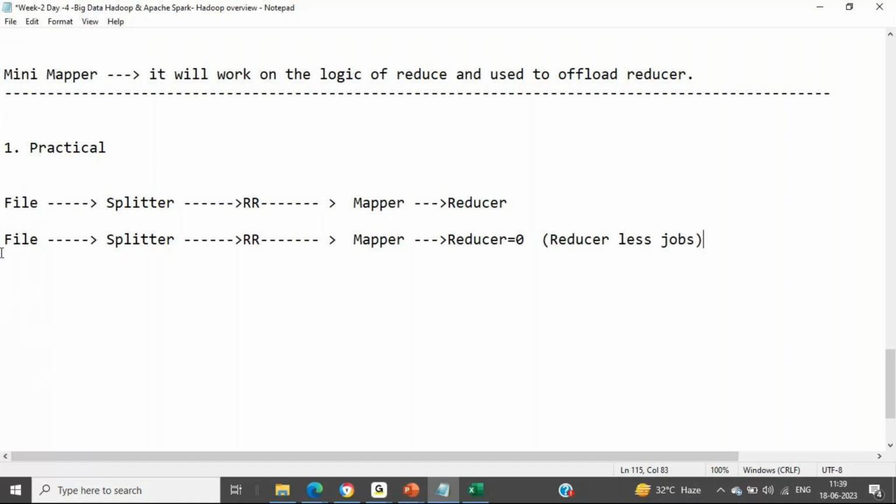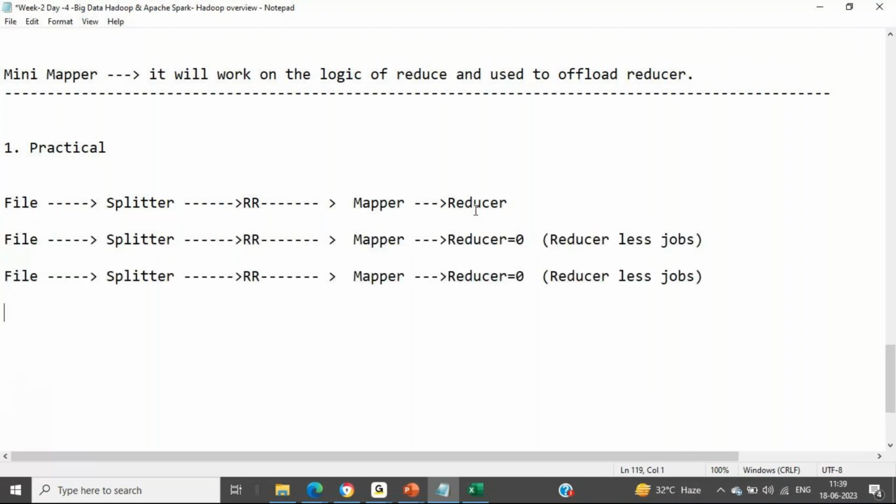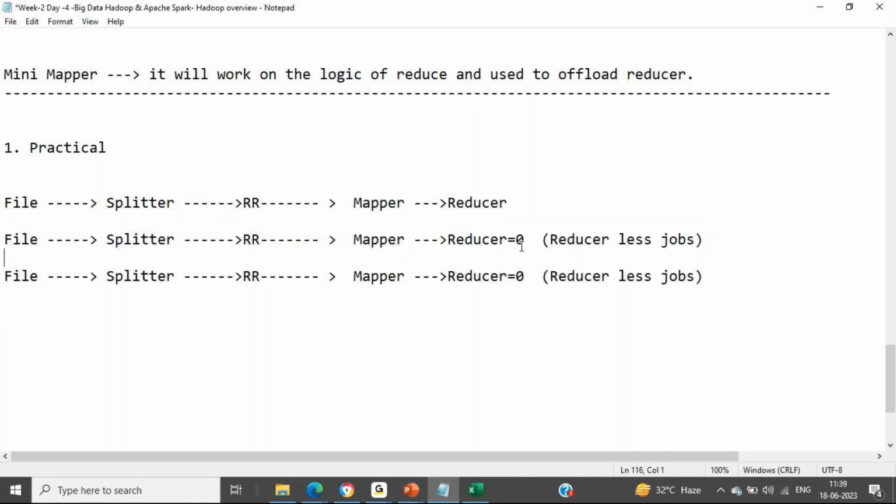By default it will have one reducer, and you can set the reducer to 0. So, reducer-less jobs. Is there any way that I can increase the reducers? Yes, you can.